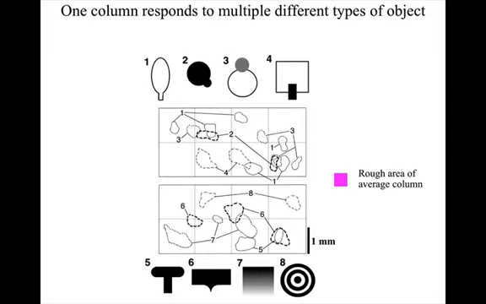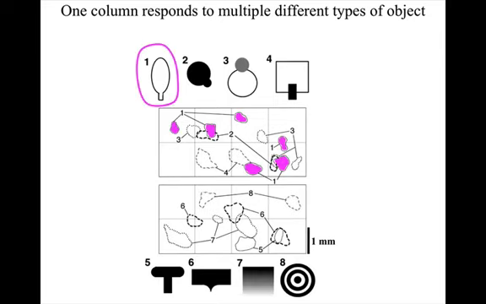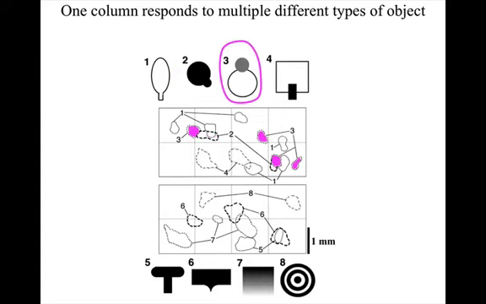This shows the regions that were active in response to each different object. For example, those are the columns activated in response to object 1. These columns were active in response to object 2. These columns in response to object 3. So different groups of columns are active in response to different objects.